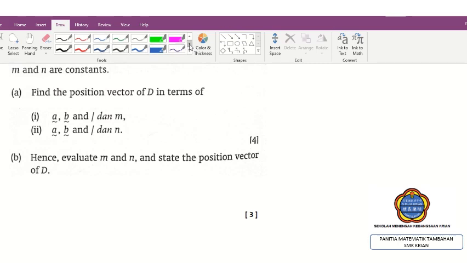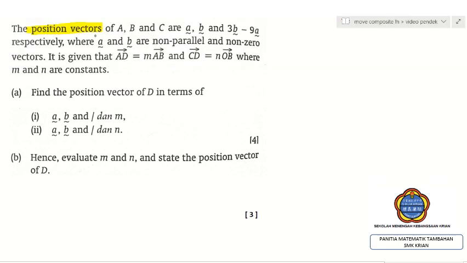Position vectors means a vector of any point relative to origin. This is a vector in a Cartesian plane.